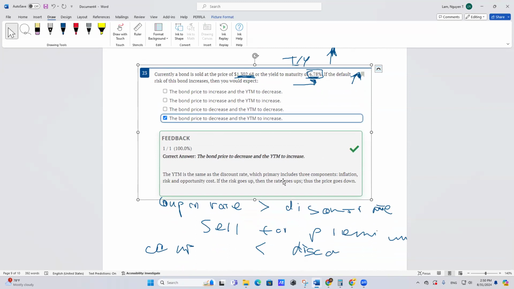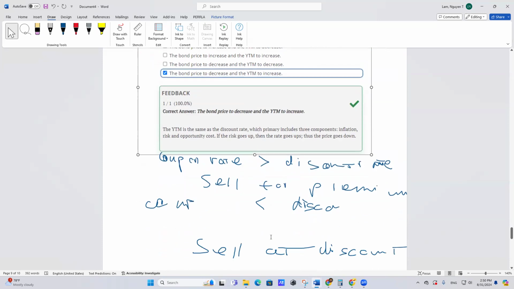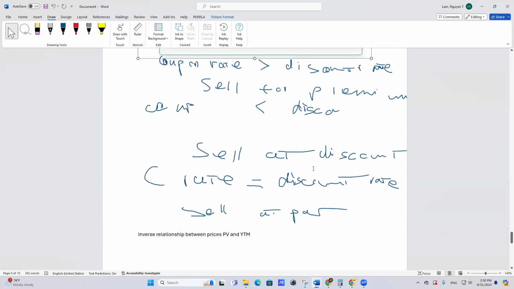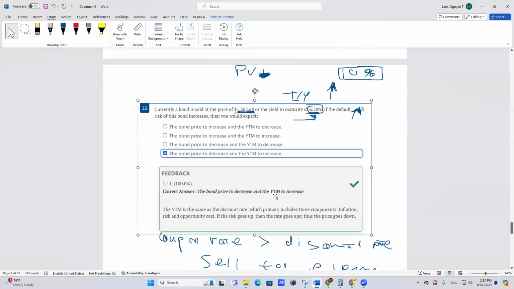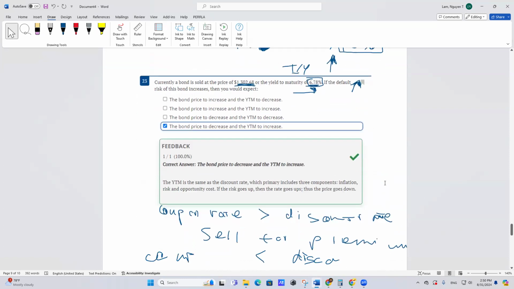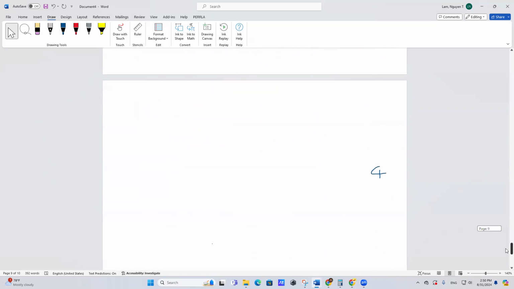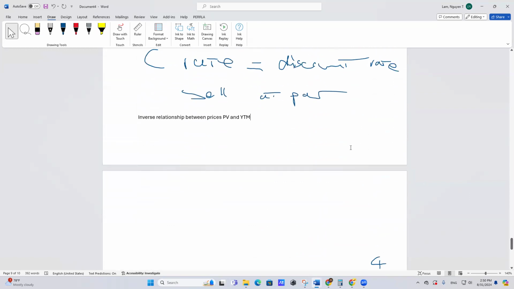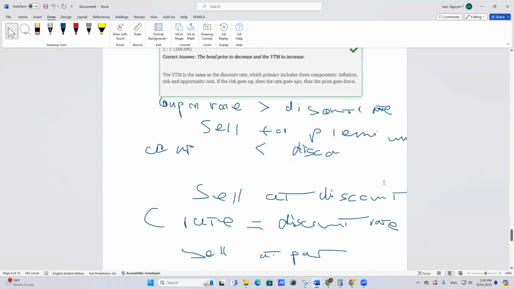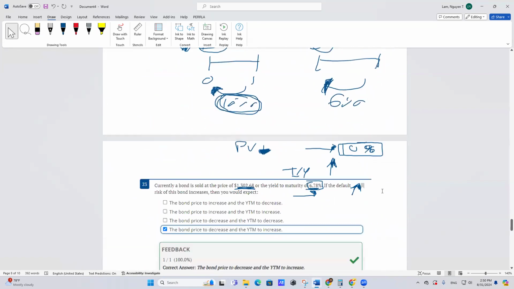It's the same as the discount rate. So in this problem, you couldn't say if it's selling at a premium, at a discount or at par. But yeah, this question will be on the test, so just keep an eye out. Okay, I will make a separate last video dedicated to the hardest questions, and I hope it helped.